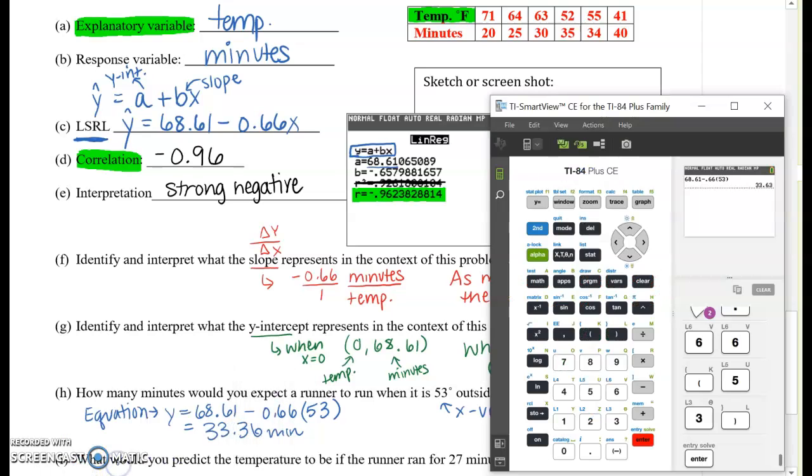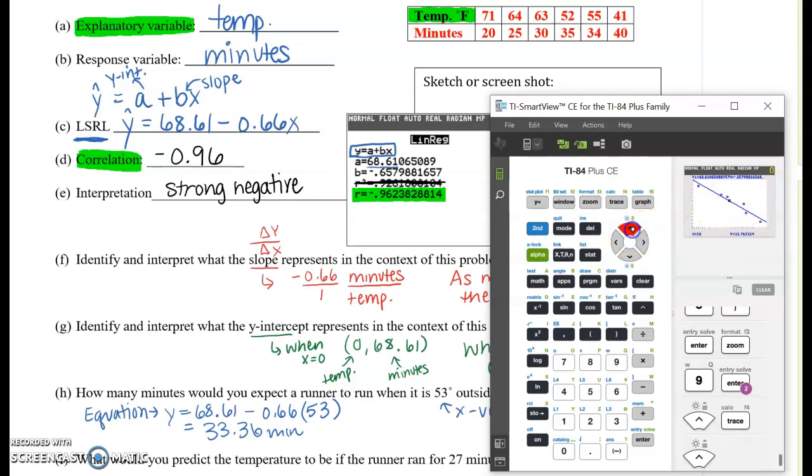The other way is to go to your graph, your scatter plot, and what you're going to do is arrow up so that it's on the line. You're going to hit trace, arrow up. And then where it says x equals 56, we want to know when it's 53.